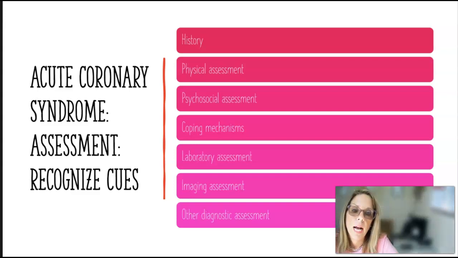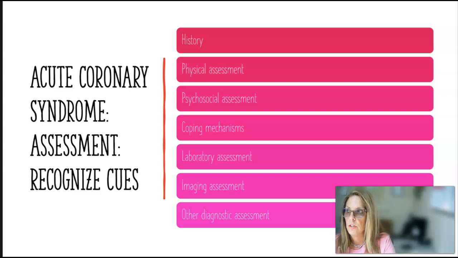And if stenting is not available or doesn't work, these are patients that may end up with a CABG, or coronary artery bypass graft. Complications that we want to always be aware of are things like dysrhythmias, heart failure, shock. This can be fatal if left untreated or not diagnosed, so we want to be watching for that.